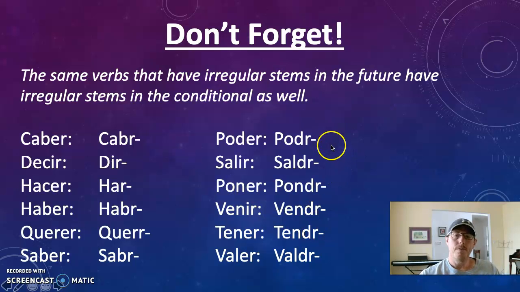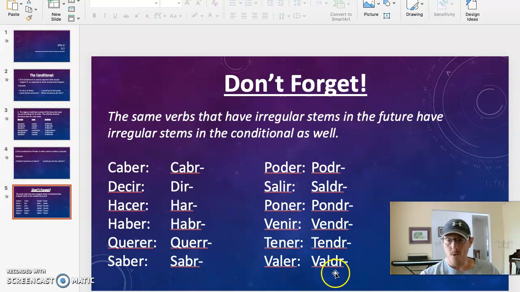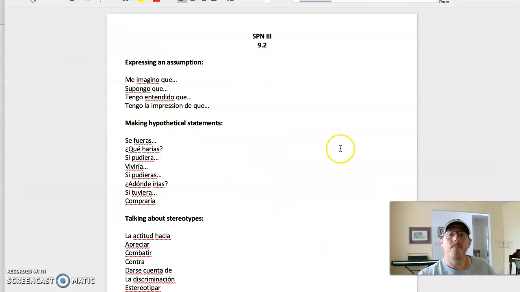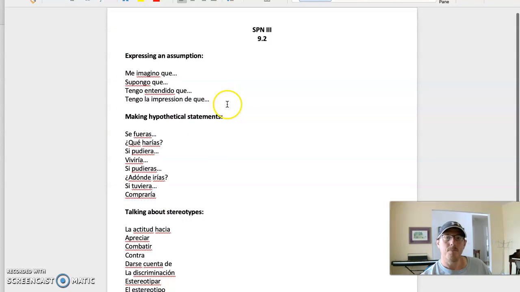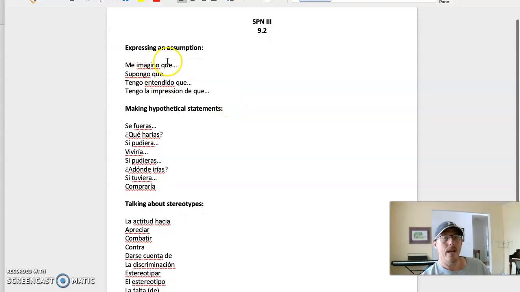Okay, let's move on to vocab. Expressing assumptions, me imagino. Now, I'm trying usually not to go through the definitions for each one of these because you have all of the definitions easily available in the back of your book, and hopefully you're just writing them down as a quick reference and as a practice.